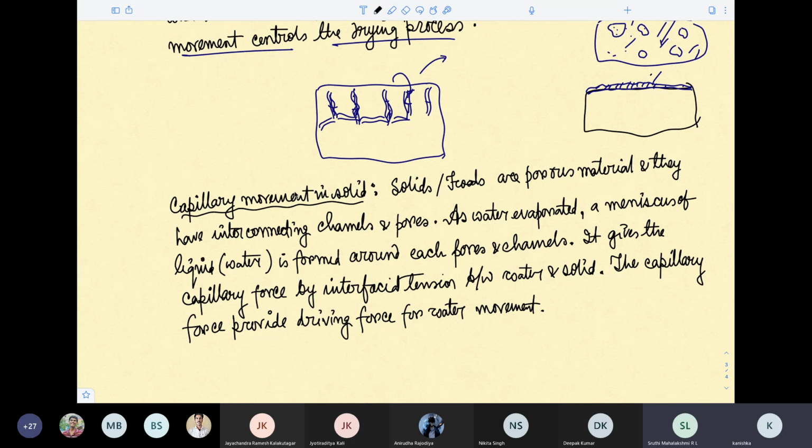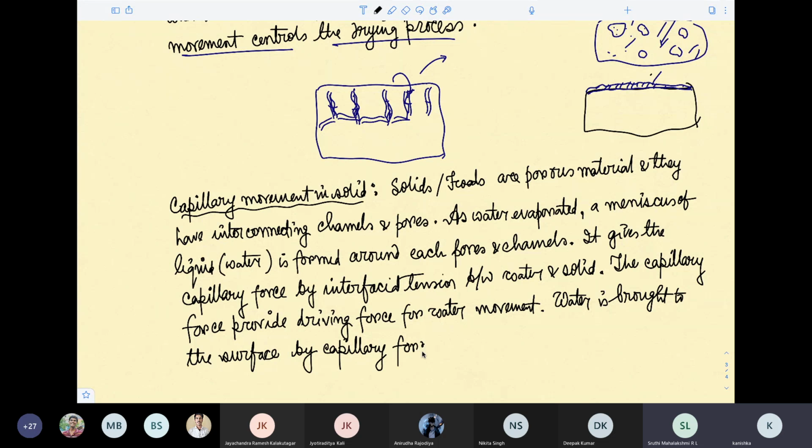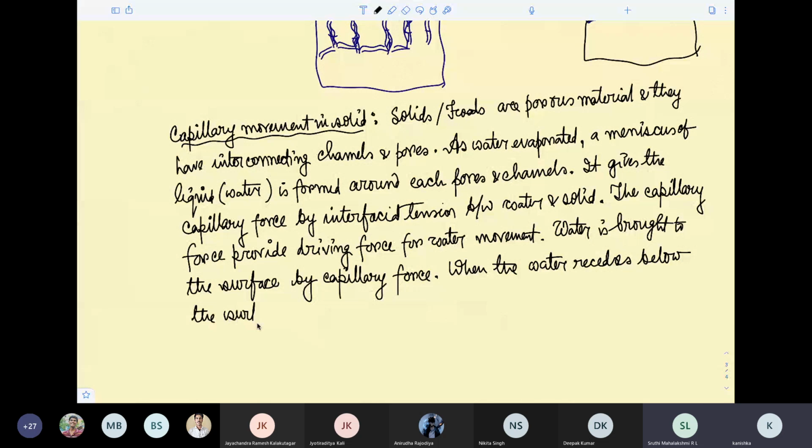So this is basically driven by the capillary movement. Water is brought to the surface by capillary force, and when the water recedes below the surface level, air is sucked in to fill up the voids.